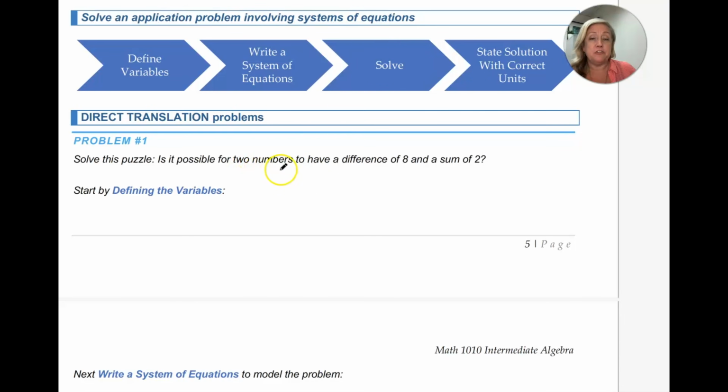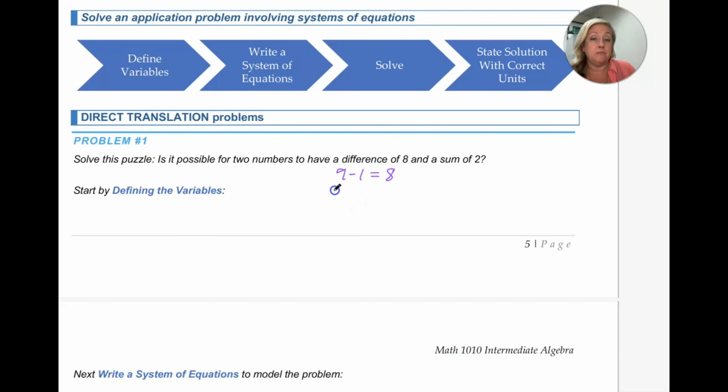Is it possible for two numbers to have a difference of 8 and a sum of 2? So you could start by thinking about different numbers that would subtract to be 8. Maybe I take 9 minus 1, right? That equals 8.